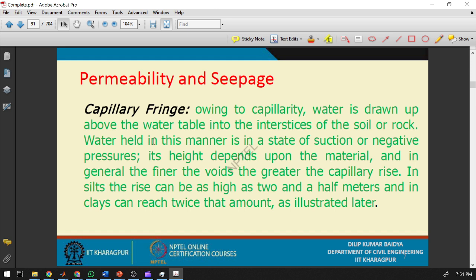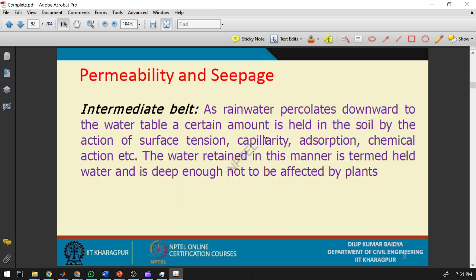Capillary fringe is just above the groundwater table because of the suction produced due to the tiny size of the pores. There is a capillary fringe just above the water table in which the soil is completely saturated, but not acted upon by any buoyant force. You should remember, it is completely saturated. It is called capillary fringe.